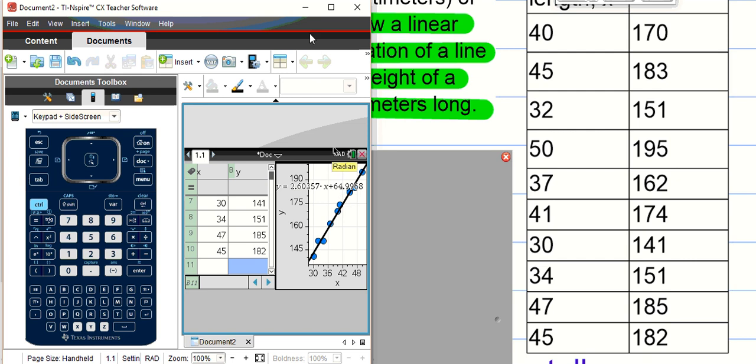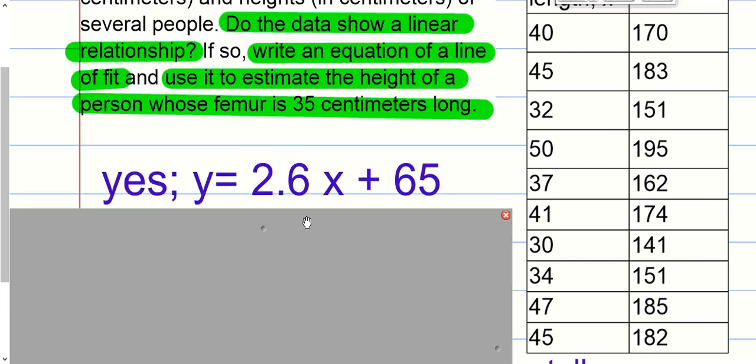Basically, that's going to be 65. So there you go. Y equals 2.6x plus 65. So that answers my first two questions. Do the data show a linear relationship? Yes. If so, write an equation. And there we go.